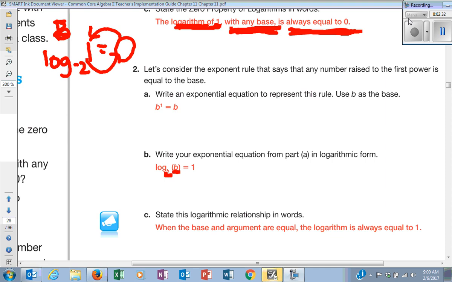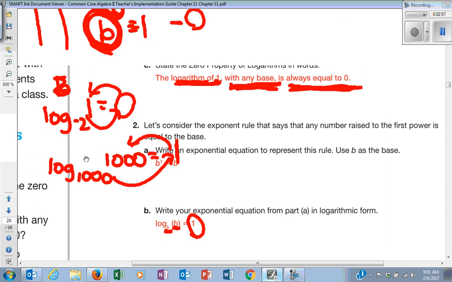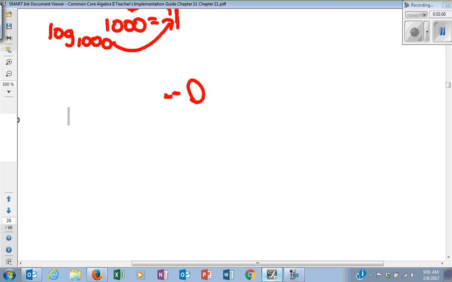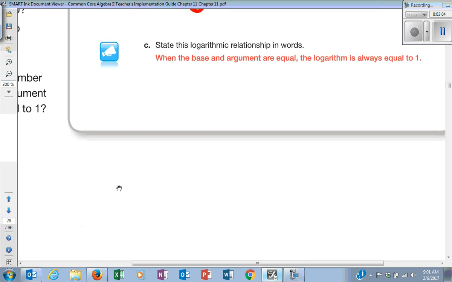It's always going to be equivalent to 1, because if I have log base 1,000 and I want the argument to be 1,000, that means 1,000 to what power is equivalent to 1,000? Well, 1,000 to the first power. So the argument and the base are the same. It's always equivalent to 1. So those are two properties. This one is called the zero property, and this is just the log with the same base and same argument.